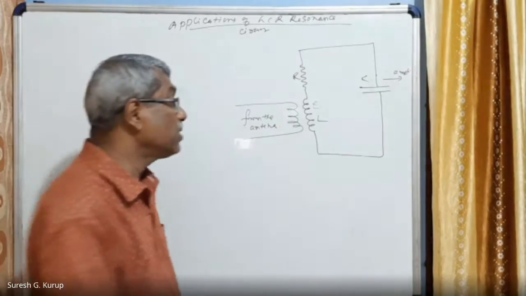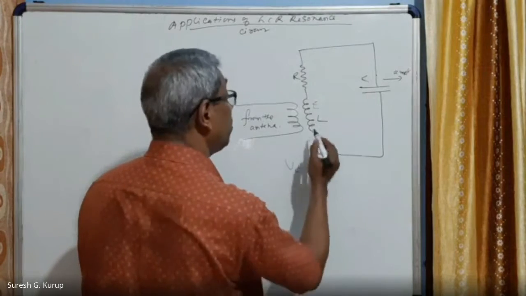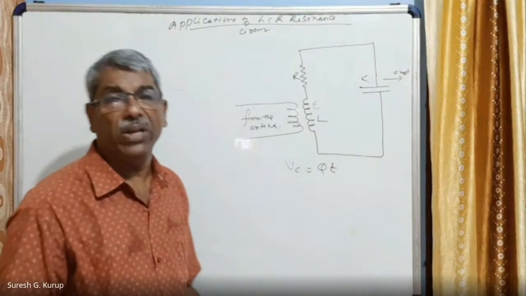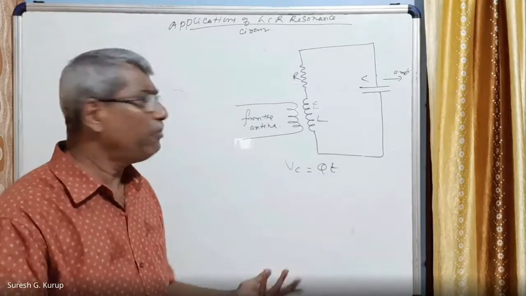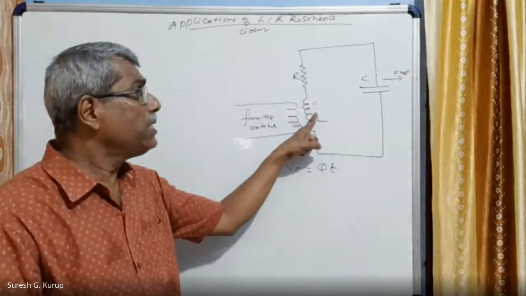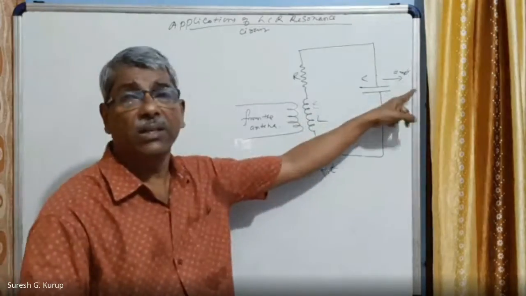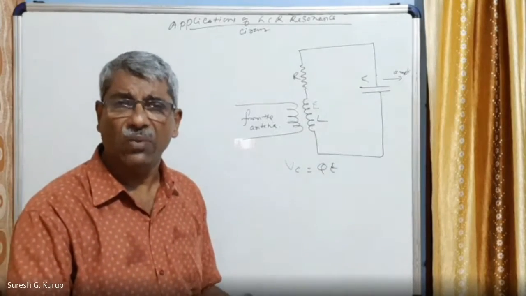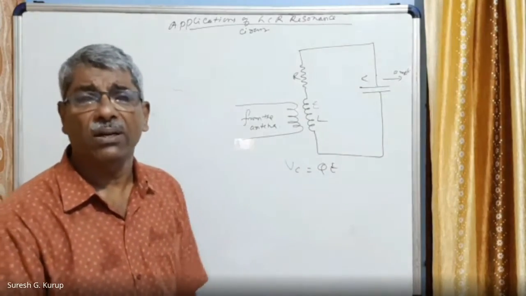That is, VC is equal to Q into E, which is very much greater than the induced EMF E. Hence the amplifier will get a greatly amplified, highly magnified signal.